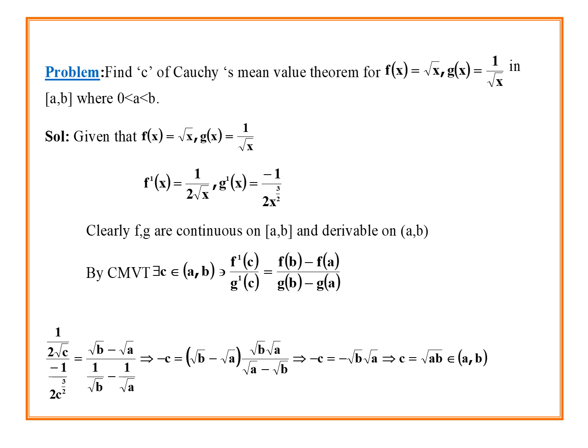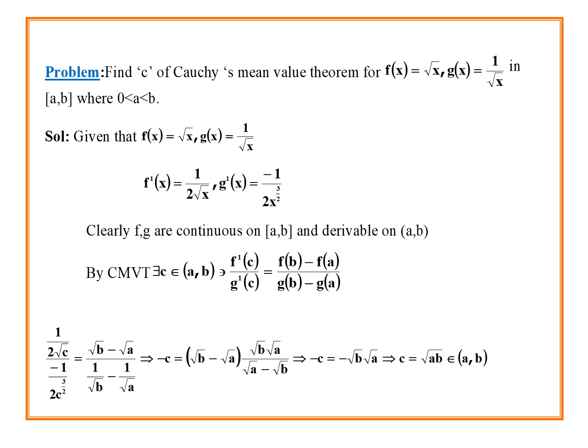Now we discuss the problems on Cauchy mean value theorem. The given problem is: find c of Cauchy's mean value theorem for f(x) = √x, g(x) = 1/√x in the closed interval [a, b] where 0 < a < b.